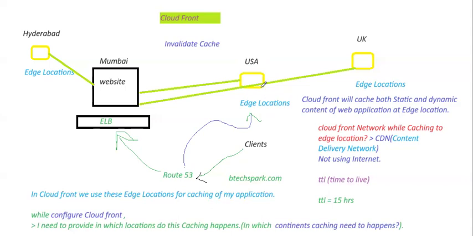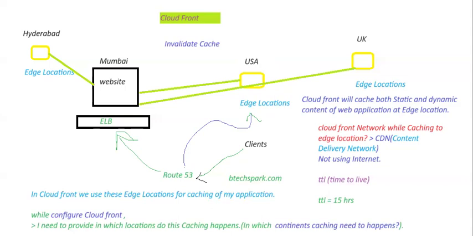So whenever the request reaches this edge location, in the edge location I have my application data, both static and dynamic data. So from there, my response will be sent back to my client who is present in the USA region.